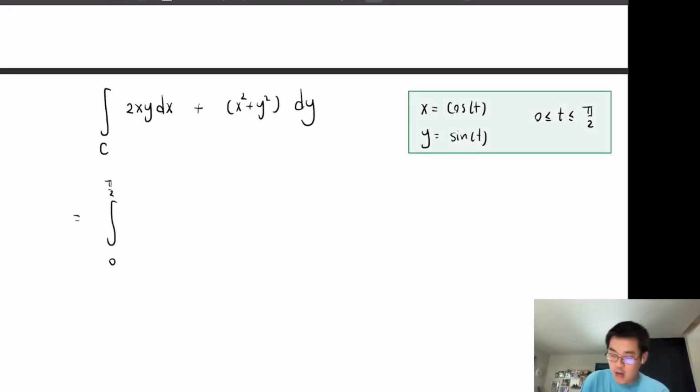And say that, oh, you have 2x. You don't say x anymore. Every time you see x, you put cosine. And you see y, you're like, no, we're not going to do y, we do sine.